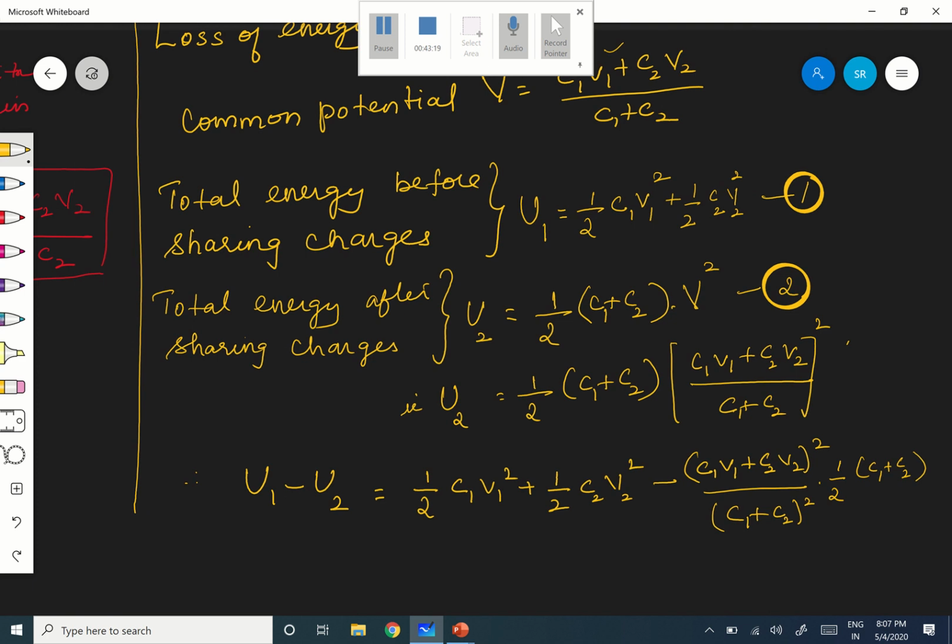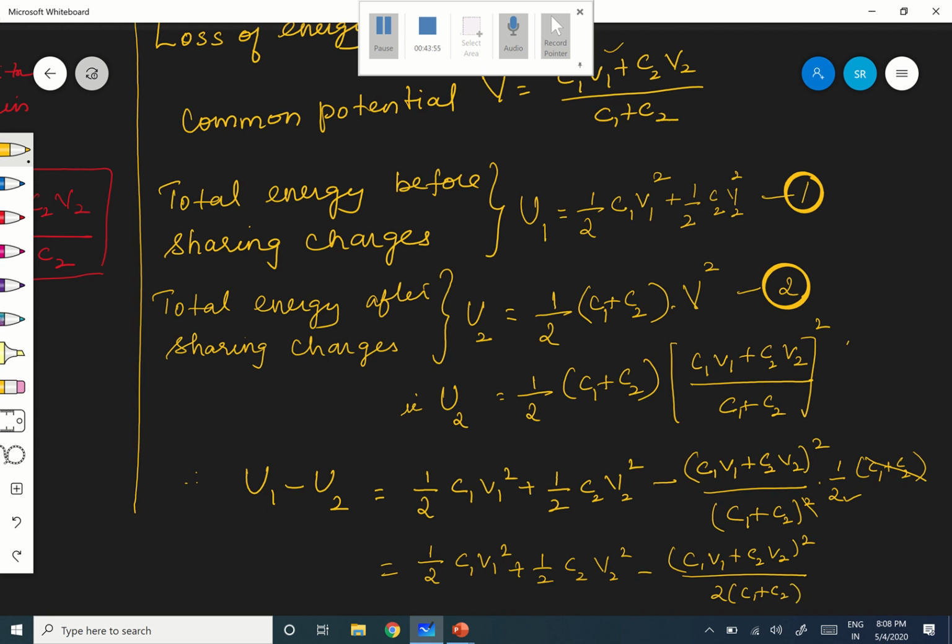The half C1 plus C2 cancels, giving half C1 V1 squared plus half C2 V2 squared minus C1 V1 plus C2 V2 the whole squared divided by 2 into C1 plus C2.